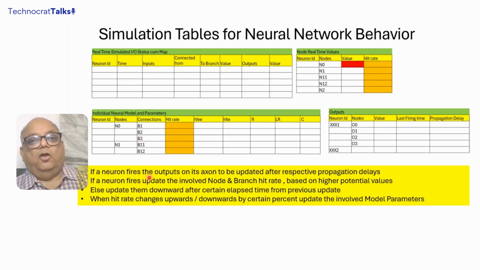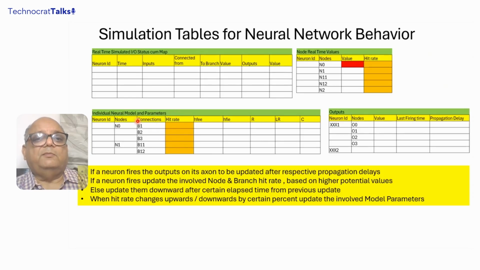Along with the morphology table, you have to record all the parameters of modeling: HFEE, HFIE, that is inhibitory and excitatory synapse, and the resistance, leakage resistance, and capacitance. Inductance I have not considered in this one, but it could be considered. You also have to carry one more parameter, which is the hit rate.